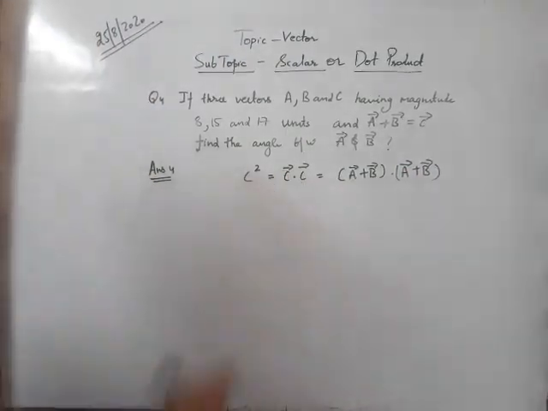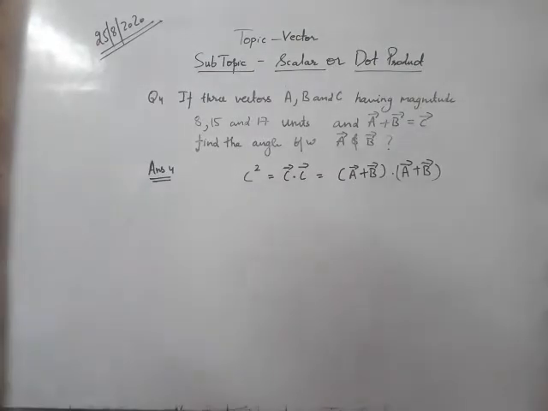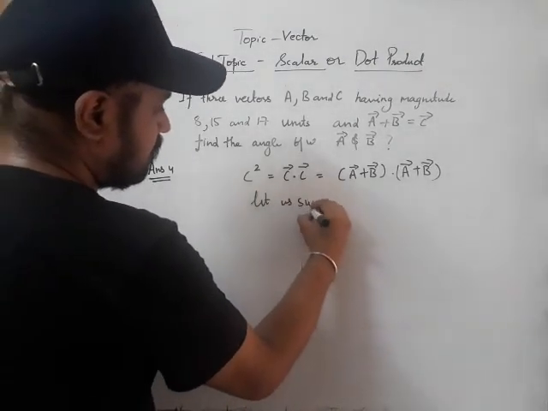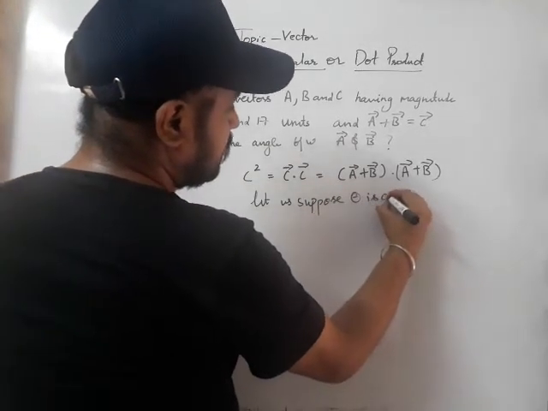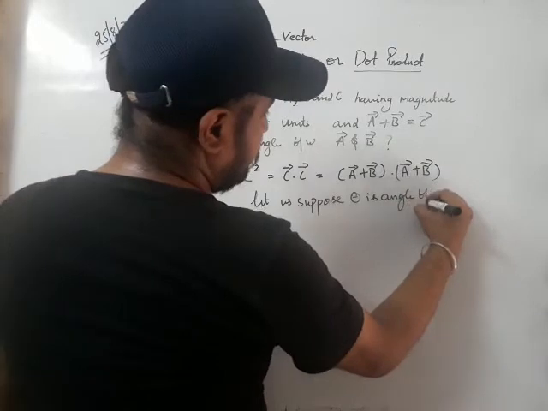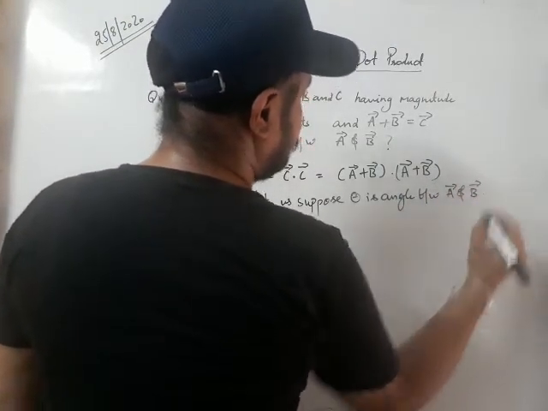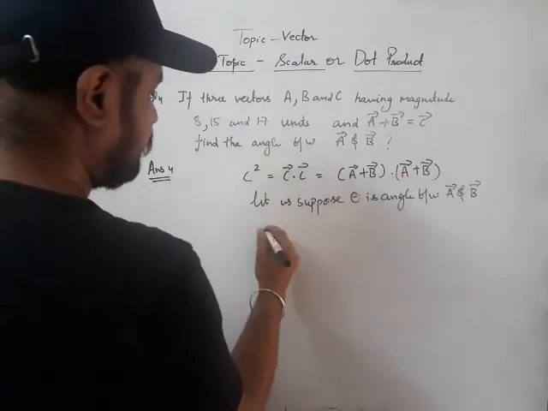Why we have selected this? Because we have to find the angle between A and B. Let us suppose theta is the angle between A vector and B vector. This we have to find out. We have supposed theta, so now we will be applying the dot product notation over here.